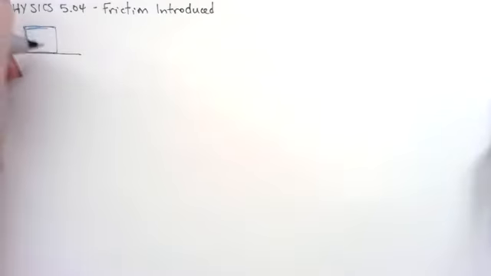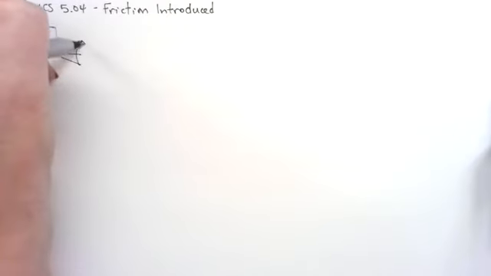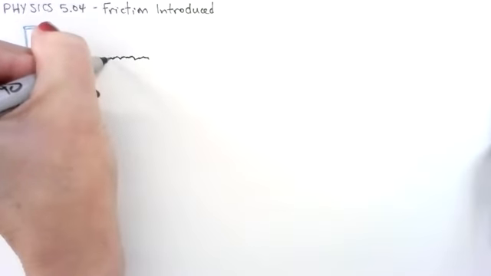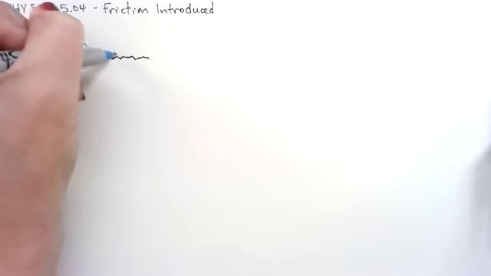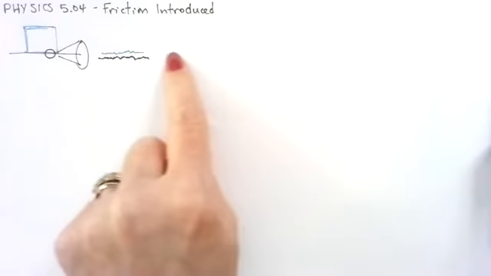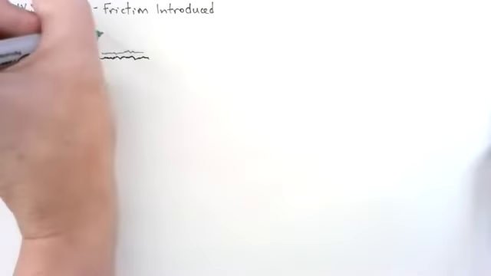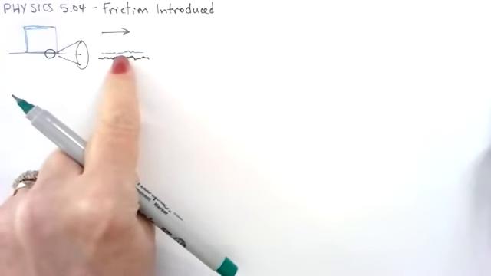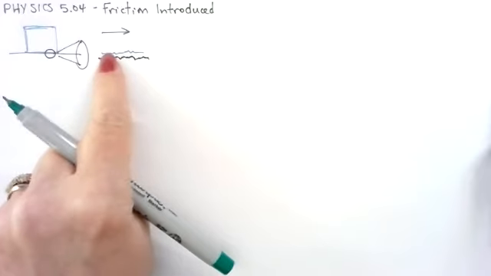If I could take a small piece of this and blow it up, what I would see is that even if it was linoleum and a cardboard box, the surface of the linoleum is going to have microscopic jags, and the surface of the cardboard is going to have the same. No surface is perfectly smooth. So as I'm pulling this, let's say my motion is this way, the nooks and crannies in the floor are going to pull and resist the motion of the box.